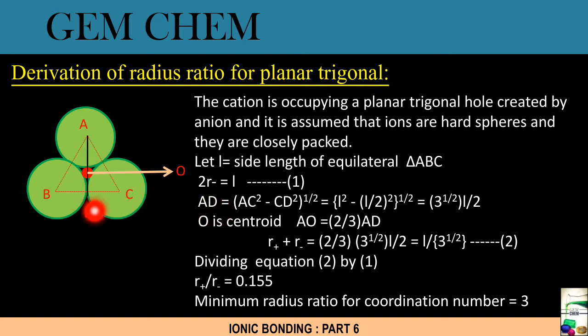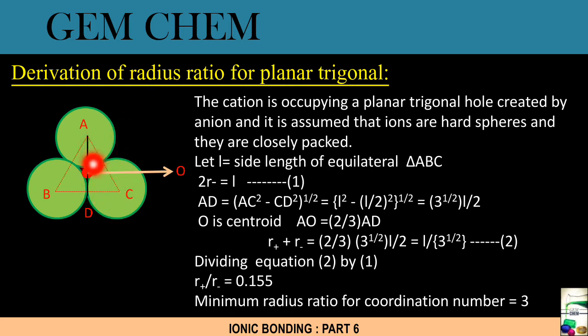Now AD, which is present here, is equal to (AC square minus CD square) to the power 1 by 2, that is root over, right? So ultimately we get a value of root 3 by 2. Now since this O present in the center is a centroid, we know that it divides AD into a 2:1 ratio.